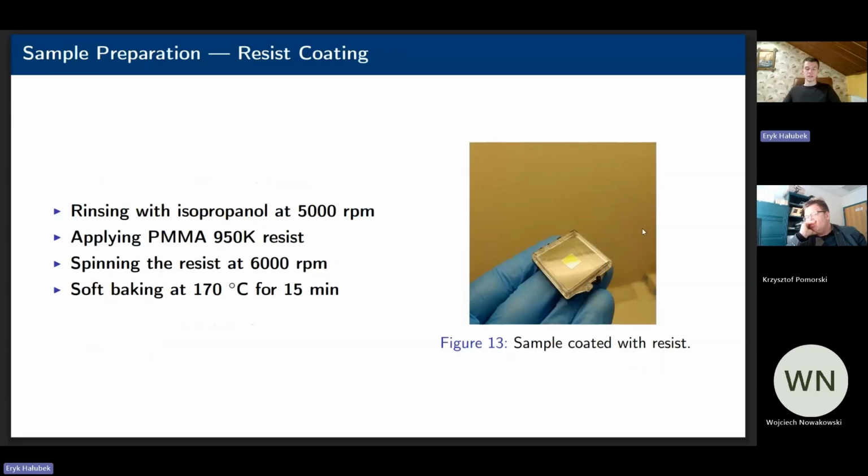And the next step is to coat your sample with resist.